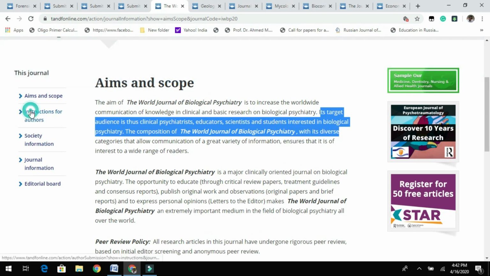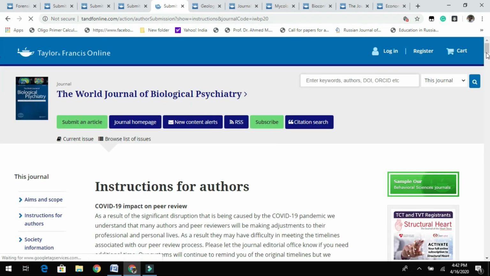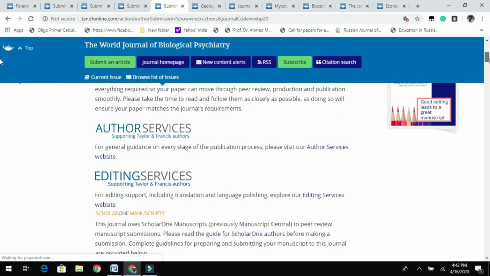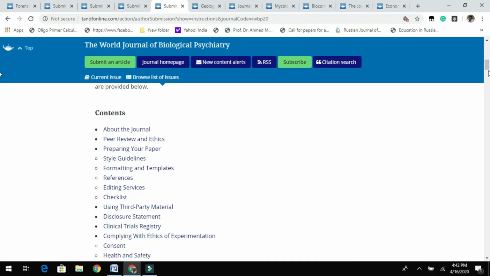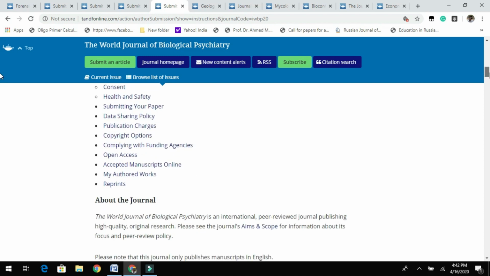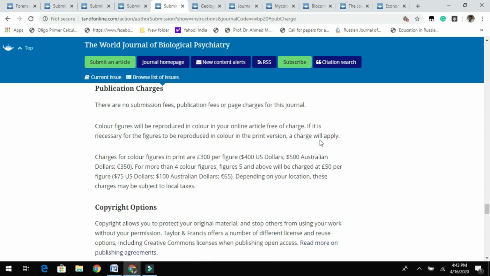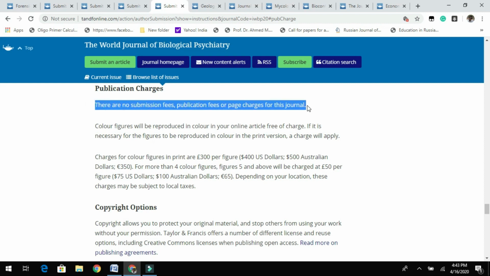Let us move on to the instructions for authors. So here you can see the instructions for authors. Let us see whether this journal has any publishing charges. So here you can see publication charges. There is no submission fee, publication fee or page charges for this journal.